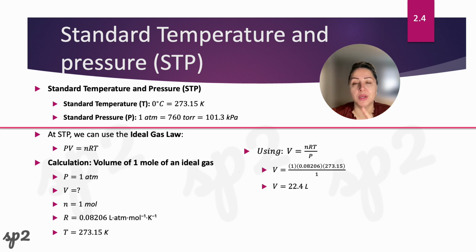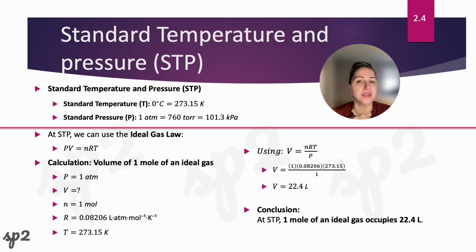We are solving for the volume, so it has to be nRT divided by P, pressure. Plug in all the values. Look at this volume: it's going to be 22.4 liters, and it doesn't matter what the nature of that gas is. It could be hydrogen gas, it could be oxygen gas, whatever the gas is. As you can see, we don't have anything about the identity of the gas in our calculation.